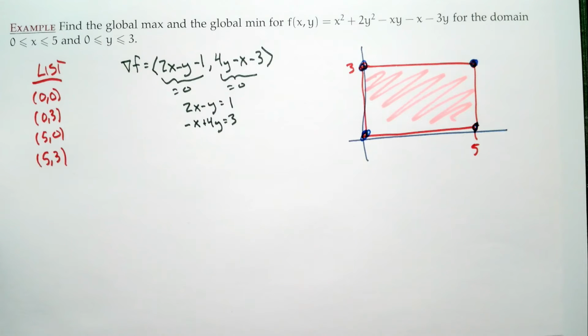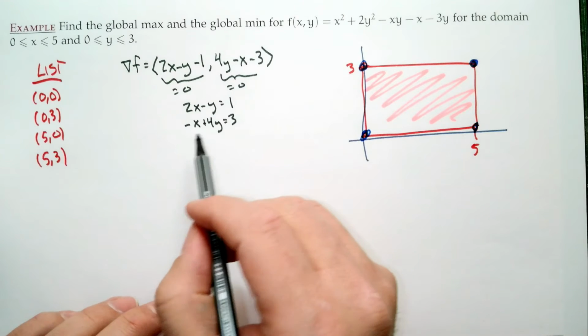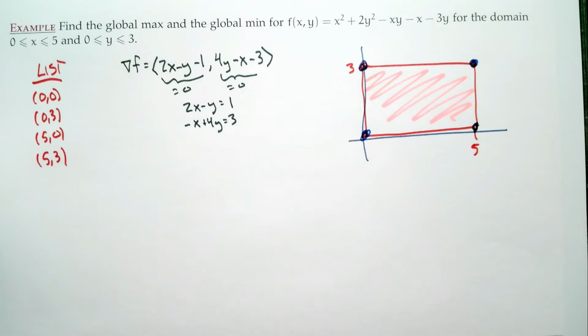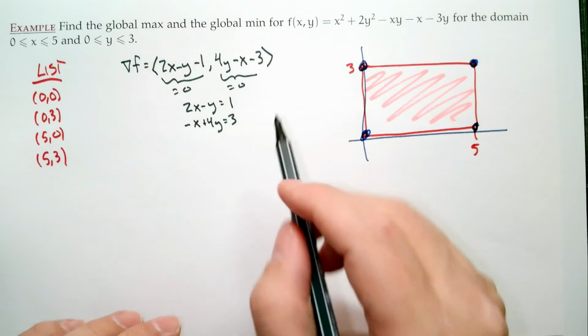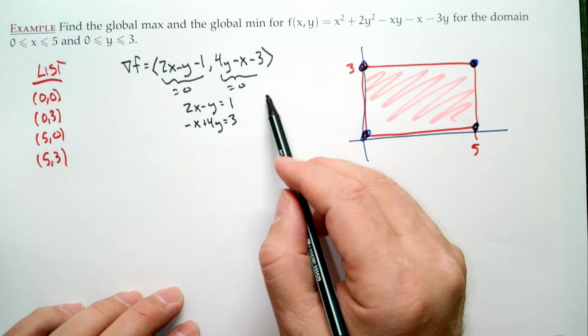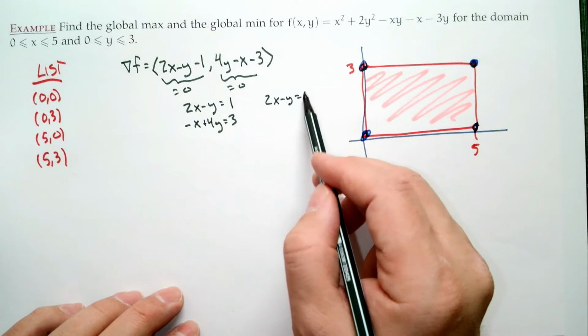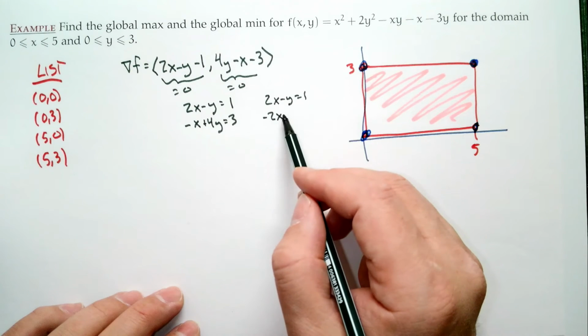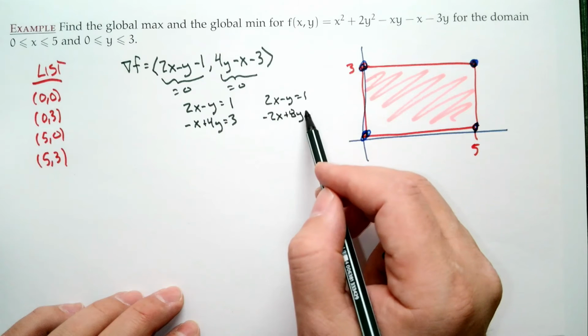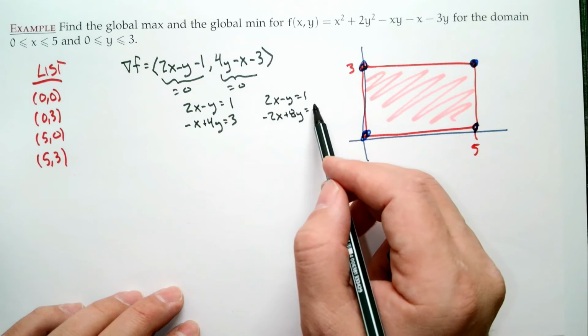So, well, now you can solve it pretty much any way you want. When I have a system of linear equations, I like to scale the equations so that I can combine them together to cancel. So as an example, if I take my second equation and I were to multiply that by 2, that would be minus 2x plus 8y equals 6.